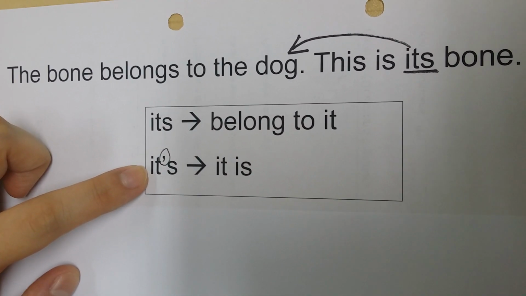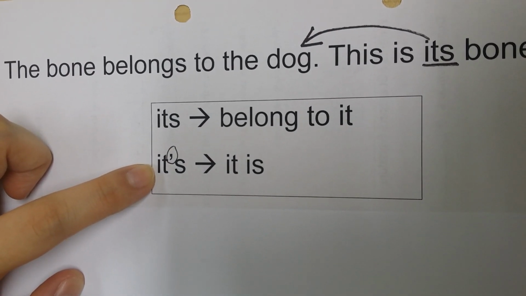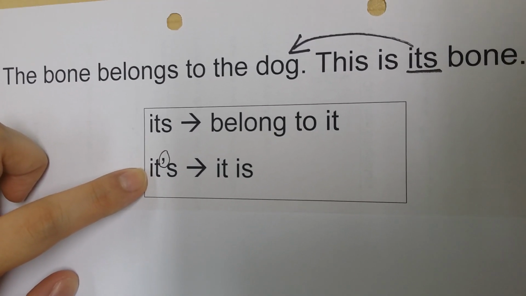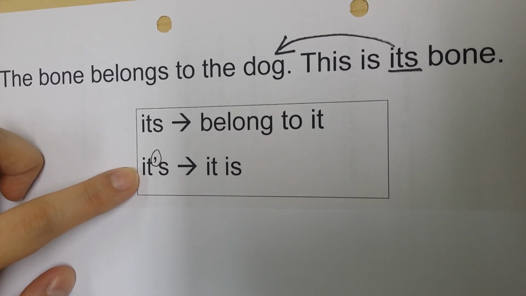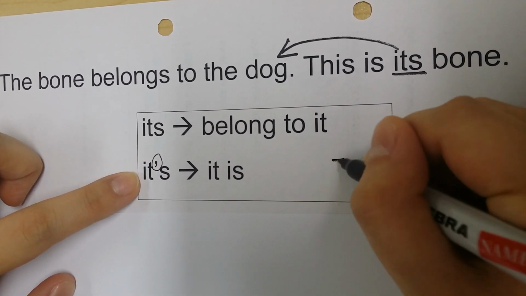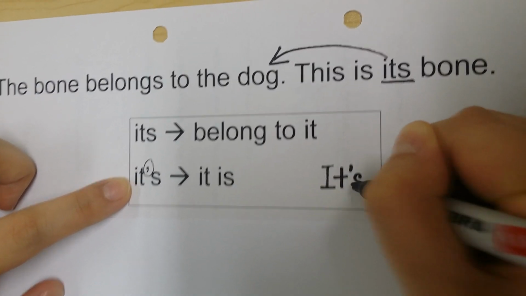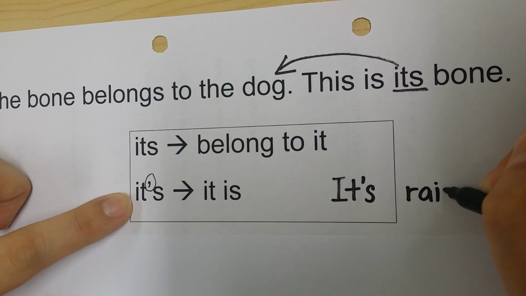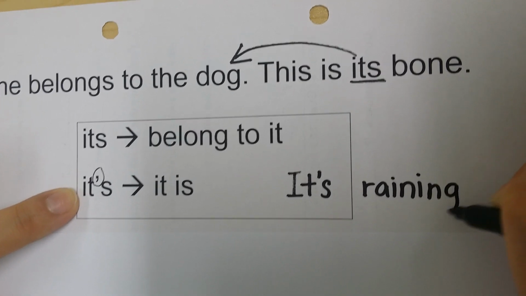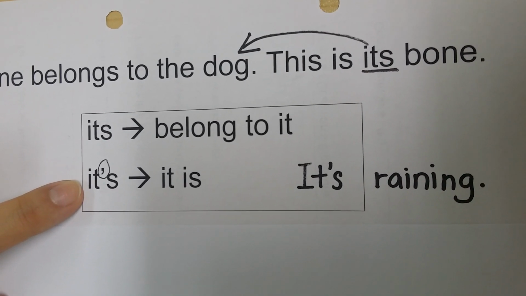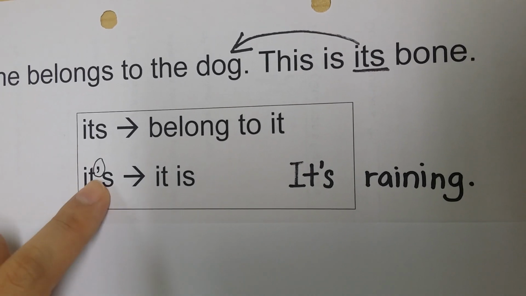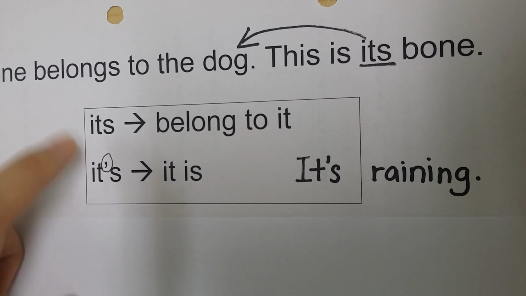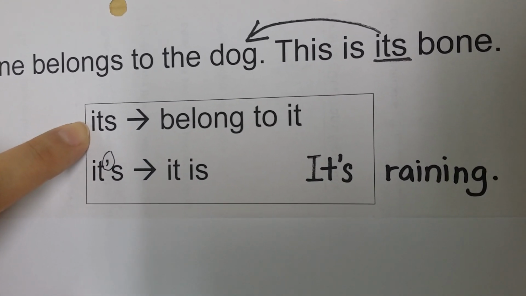But when you see an apostrophe, it's, it is a shortened version, a contraction of it is. For example, it's raining means it is raining. So please take note of the apostrophe here and that there are no apostrophes here.